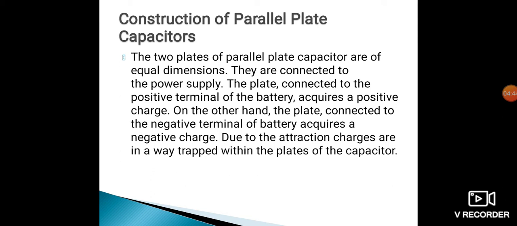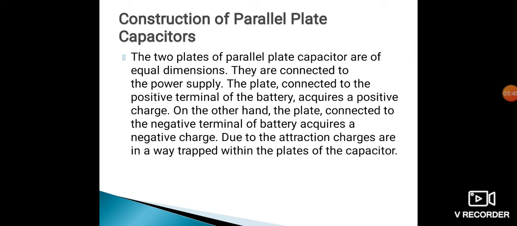So here they have told that when the current is applied across these two plates, which are separated by the dielectric medium, as the current starts flowing across the plates, the plate which is connected to the positive terminal of the battery will acquire a charge of positive ions, or we can say holes, and the plate which is connected to the negative terminal of the battery will start acquiring negatively charged electrons, and due to the attraction of the charges, they are in a way trapped within the plates of a capacitor.